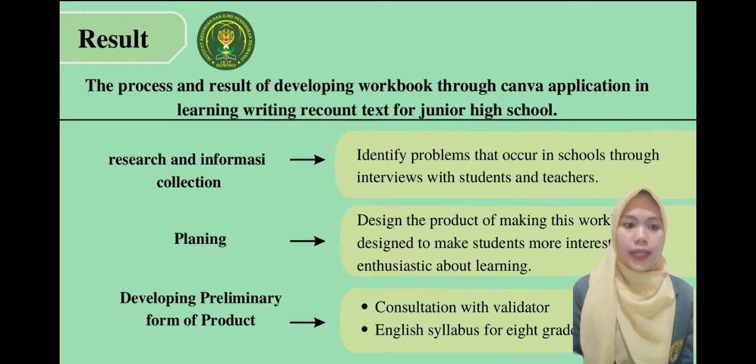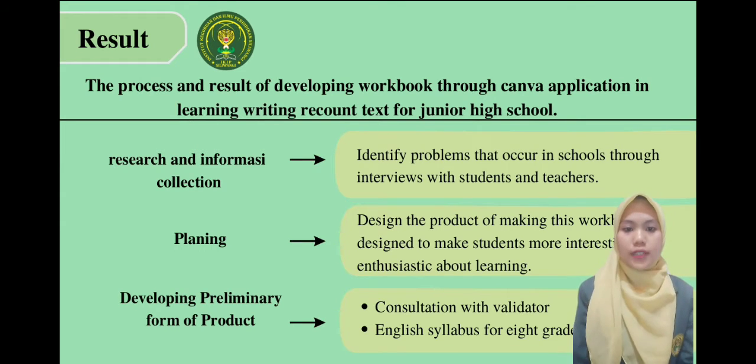And the second, planning. Designing the product: this workbook is designed to make students more interested and enthusiastic about learning. The third is developing the preliminary form of the product. The researcher designed a product with a cover containing the title, student workbook writing recount text, and pictures, with material, names, and school on the cover, determining the learning objective and basic competence.